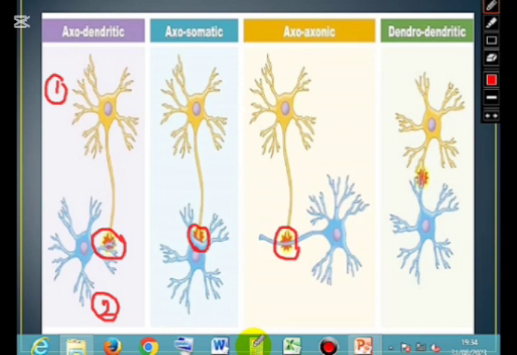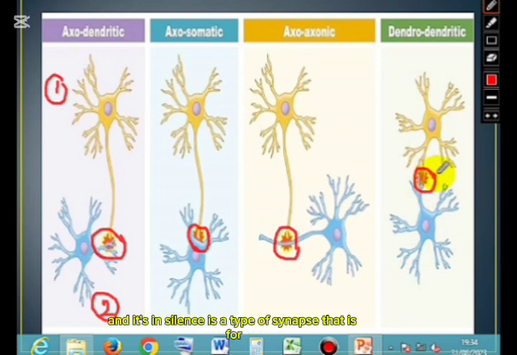Alright? And then the first type is the dendrodendritic synapse. This type of synapse is formed by the dendrite of the first neuron and the dendrites of the second neuron.